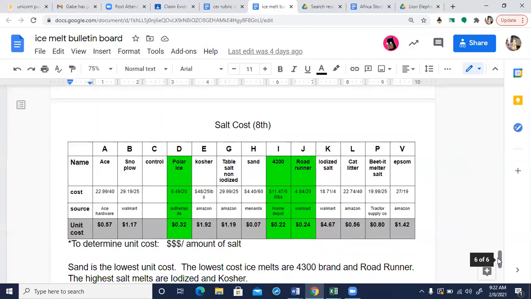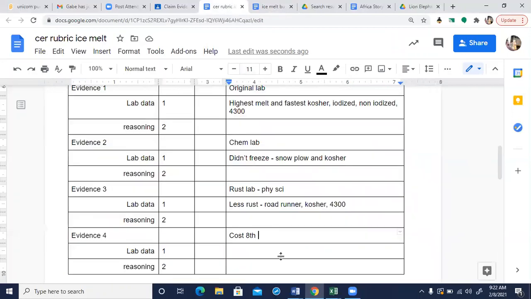Yeah, we want the cheapest one. So it's already highlighted green because the 7th graders highlighted it for us. So that is 4300, Roadrunner, and Polar. Yeah. Got it.